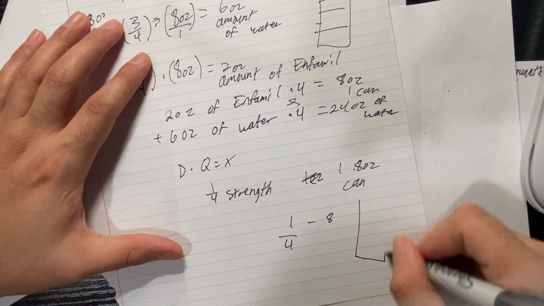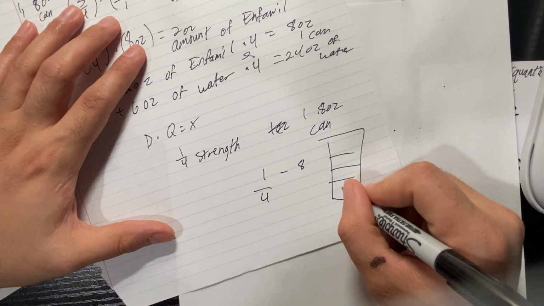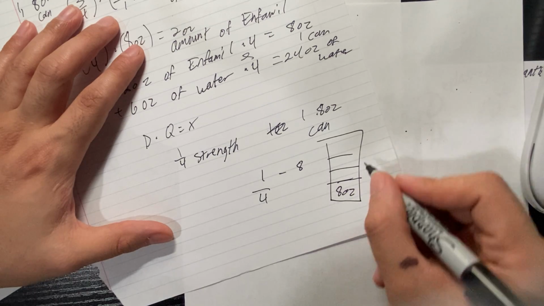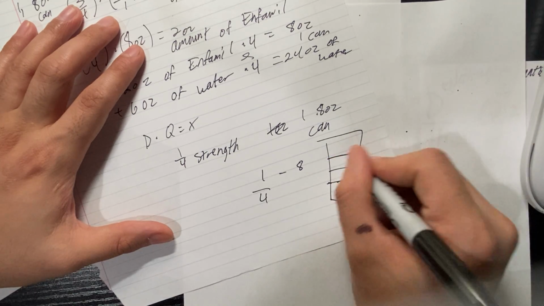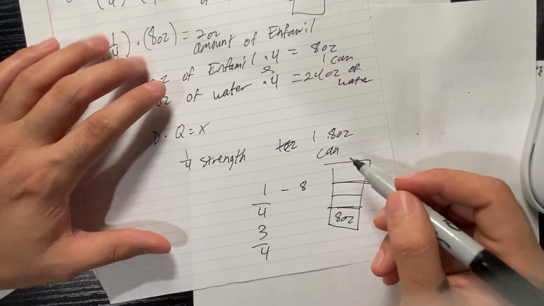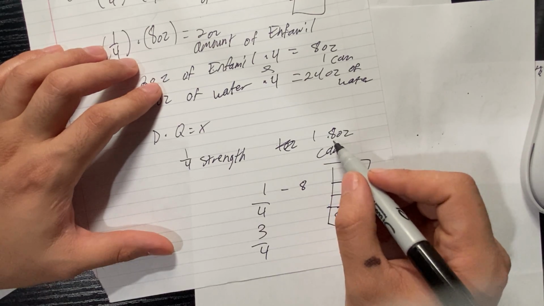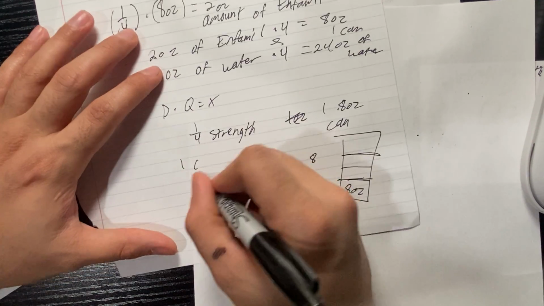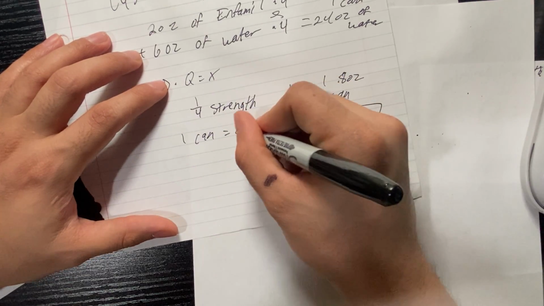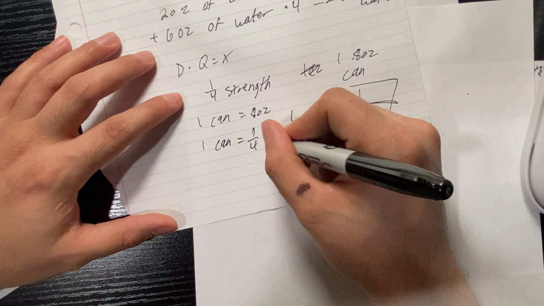So if we have 4 units and 1 of them is the 8-ounce can, you dump 8 ounces into a giant graduated cylinder, and you've got 8 ounces and 3/4 to add, exactly how we did before. So 1 can equals 8 ounces, and 1 can is 1/4 of total.